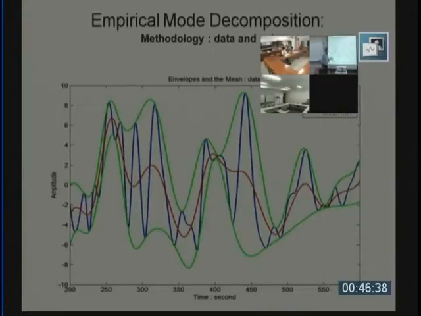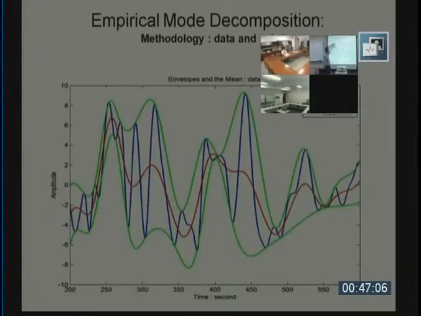And the way that we did it is to identify all the local extrema. And then you divide the local extrema into two groups. One group is maximum, the other group is minimum. And you connect all the maxima with one continuous line. In this case, we use a cubic spline. And you connect the minima with another cubic spline.